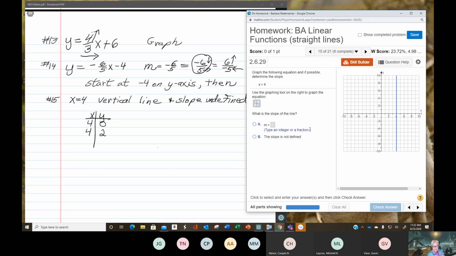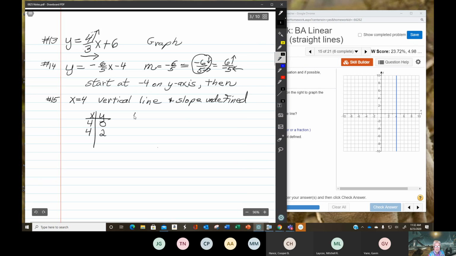Okay, we're going to do this. We've got the point (4, 0). We've got the point (4, 2). This is x1 and y1. This is x2 and y2. And m equals y2 minus y1 over x2 minus x1.